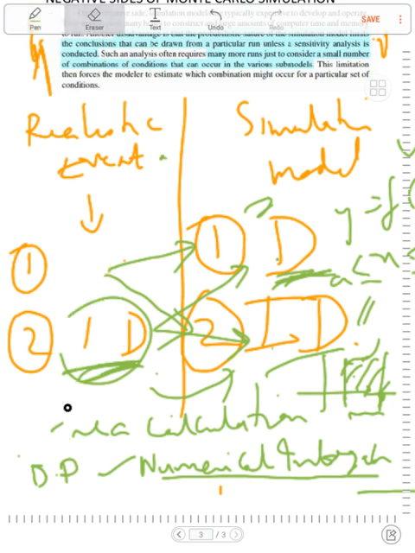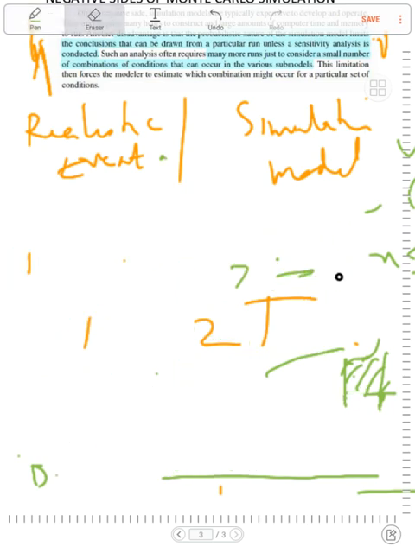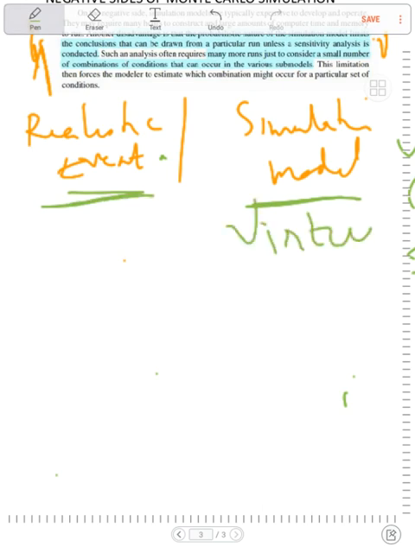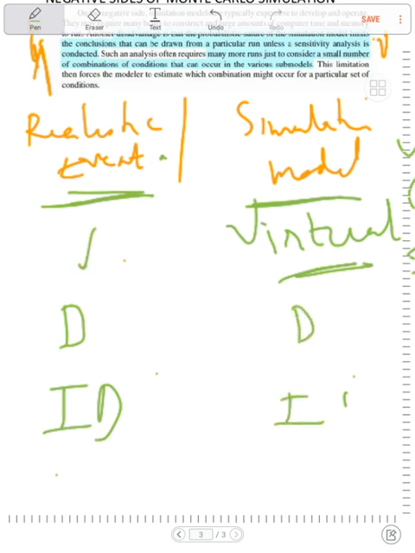Suppose I keep these as two separate things. One is the realistic possibility, another is the virtual possibility, the virtual you may say here, that means based on an algorithm. So here deterministic, here indeterministic on this part, and here also deterministic, and here indeterministic on this part for the virtual model.